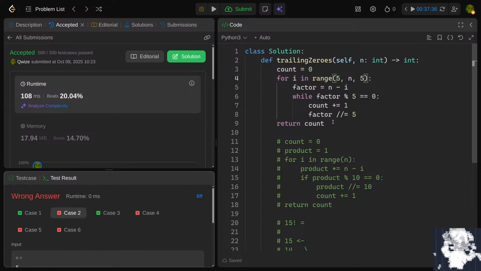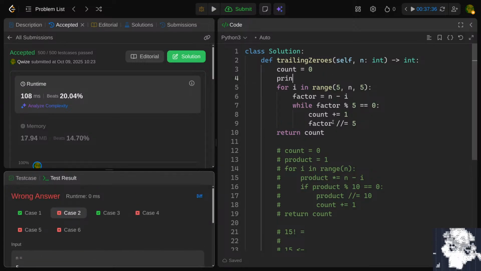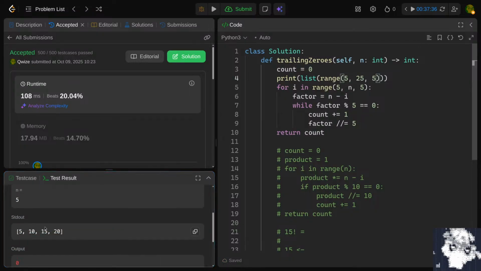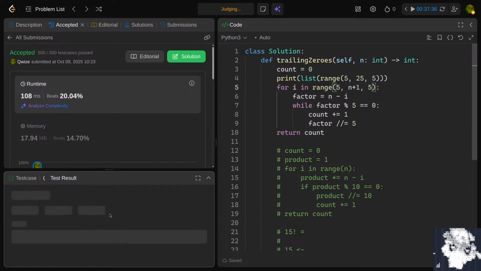Is that how you do that? Print list of range 5, 25, 5. Yeah, that is how you do that. We're not including n, but we should be including n. So n plus 1 here.